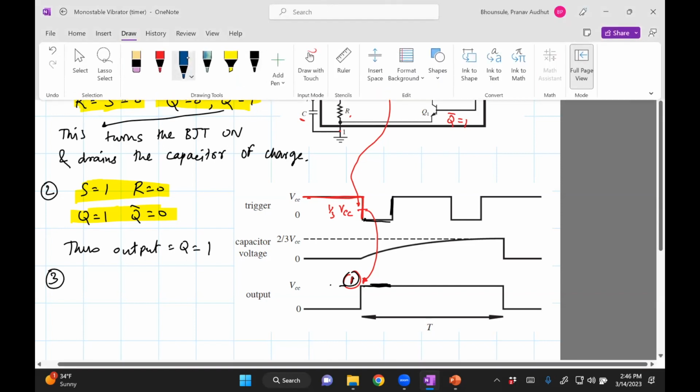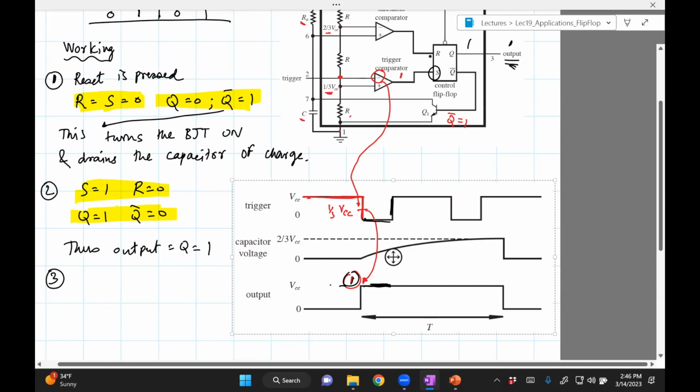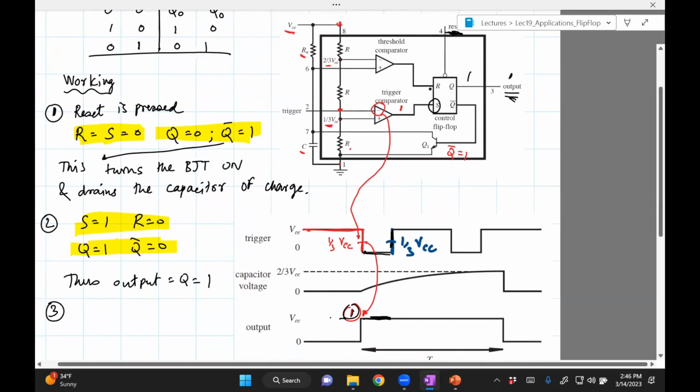Now we need to look at again 1/3 VCC. So now it's going to go up. When it goes up, this reaches 1/3 VCC. So this was 0, now it goes to 1/3 VCC.